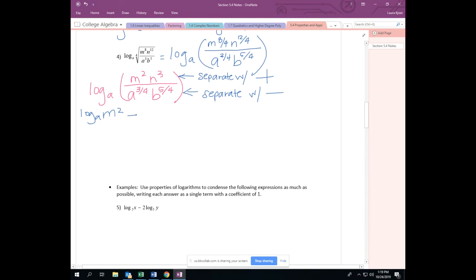I use addition for the top, log base A n cubed. Subtraction for the bottom, log base A to the 3/4. Still subtraction because of the bottom, log base A of B to the 5/4.